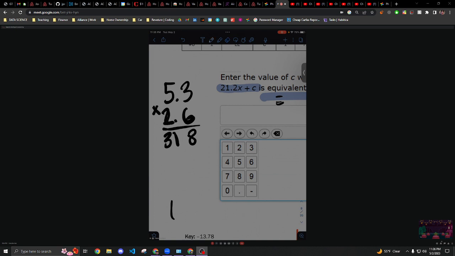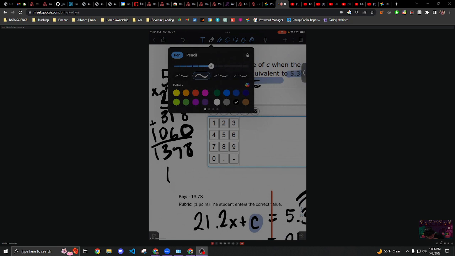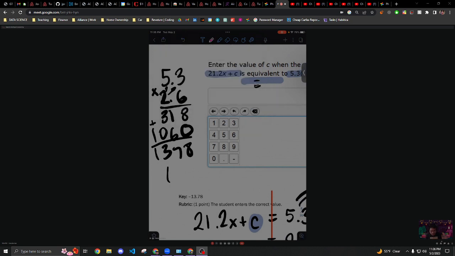But since I'm moving 1 to the left, I have to add a 0 as my placeholder. 2 times 3 is 6. 2 times 5 is 10. I have nothing left to multiply, so now I'm going to add. 8 plus 0 is 8, 6 plus 1 is 7, 3 plus 0 is 3, and 1 plus nothing is 1. So we get 1,378.